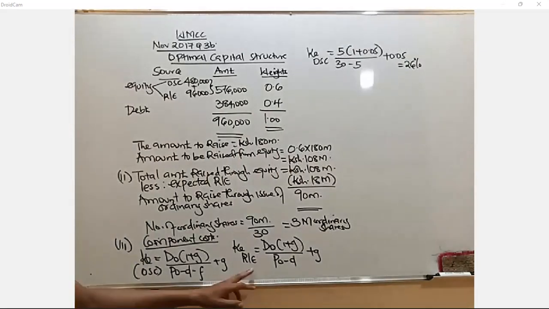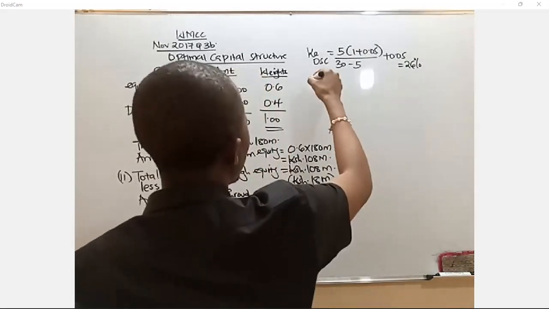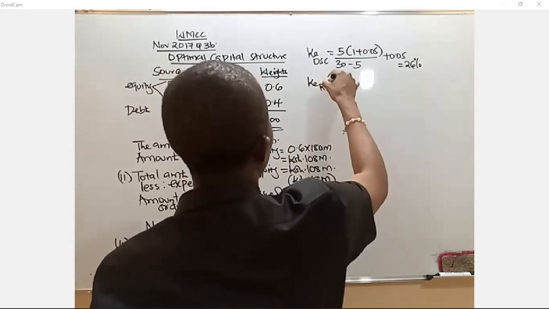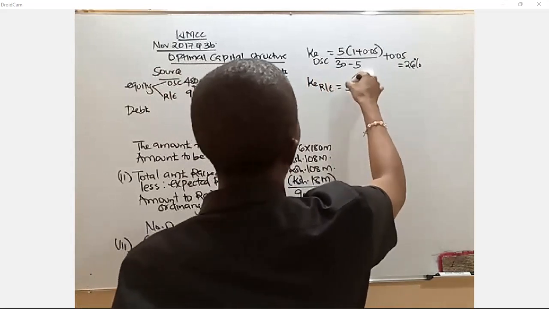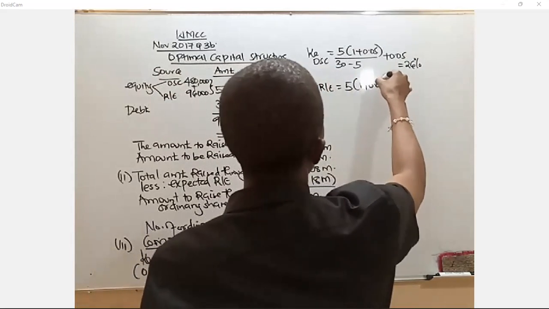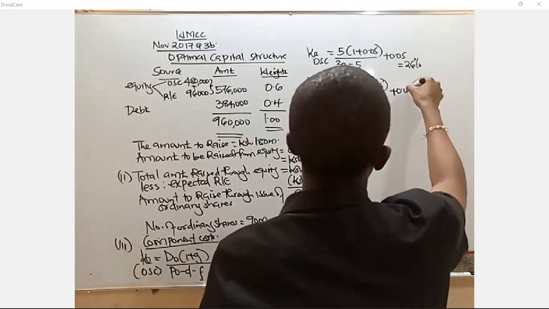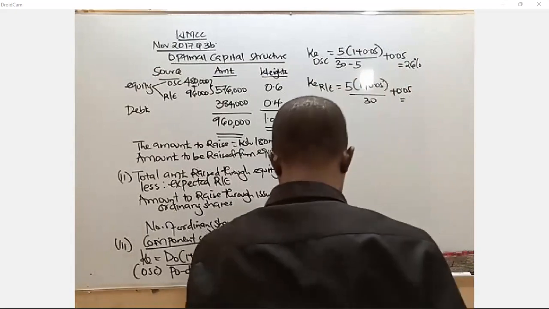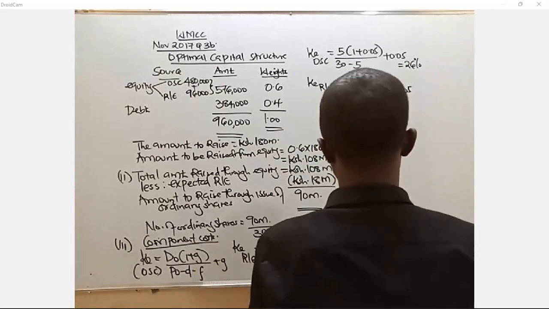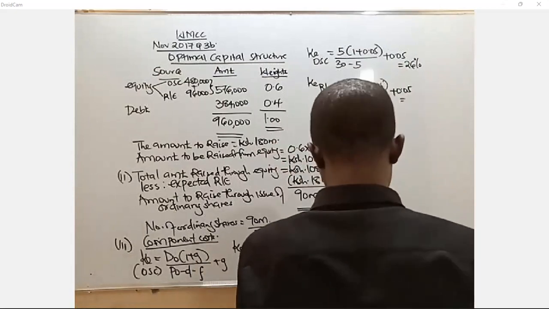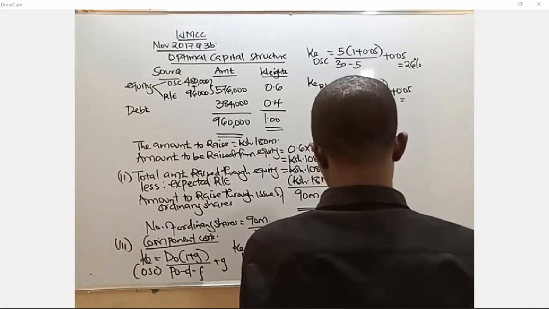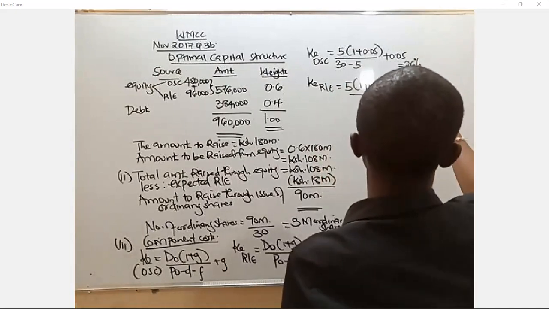If we are calculating the cost of equity for the retained earnings, it will be 1.05 times 5, you divide it by 30, plus 0.05. We are getting 22.5%.